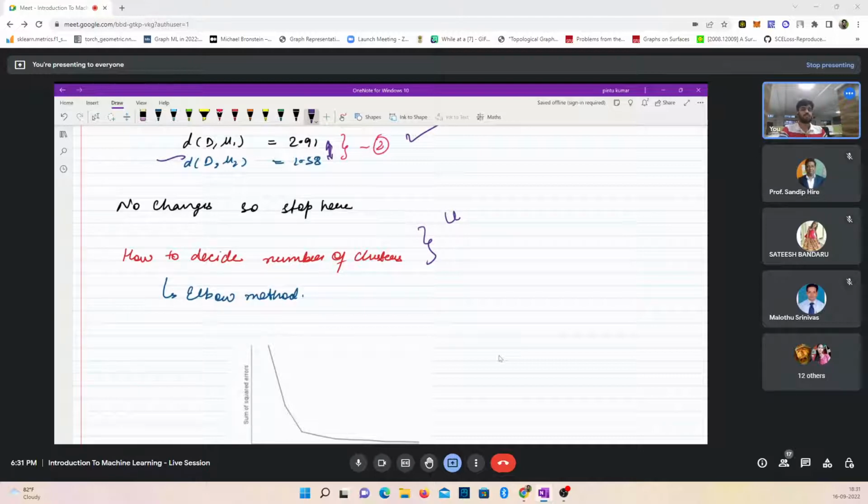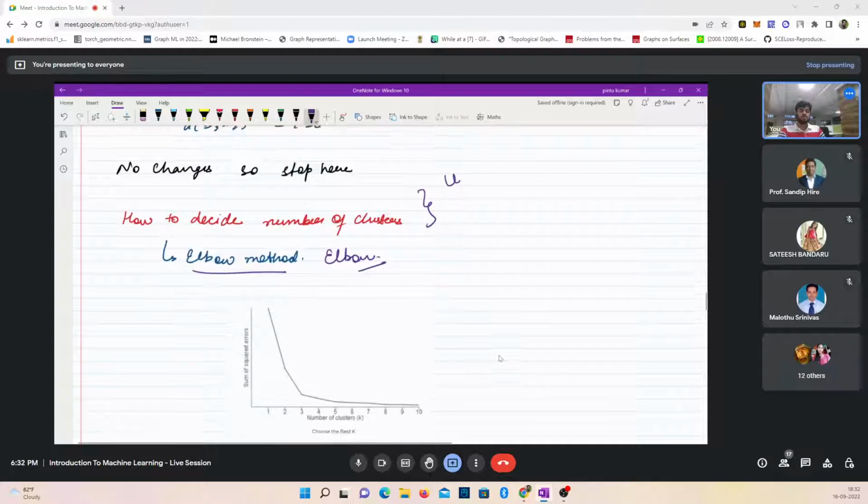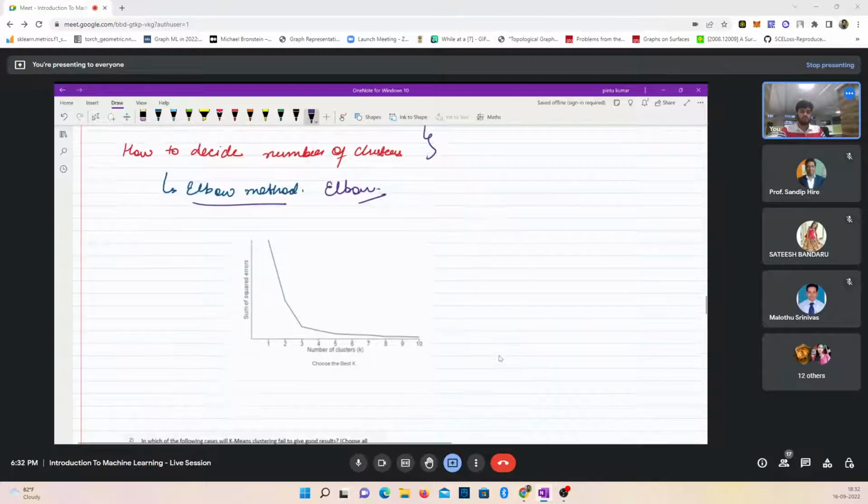There are many methods, but one very common one is called the elbow method. So this is the number of clusters on the x-axis, and this is the sum of squared error, the within-cluster sum of squared error that I mentioned just before.